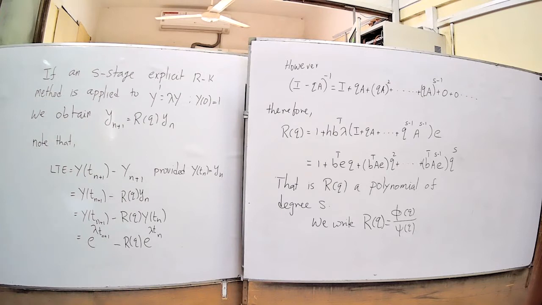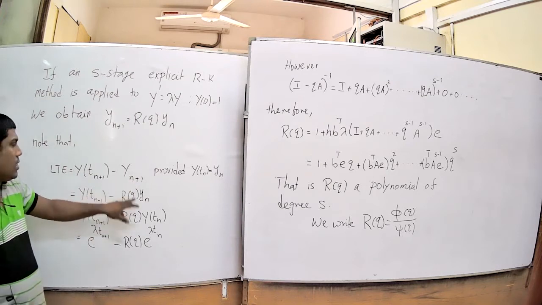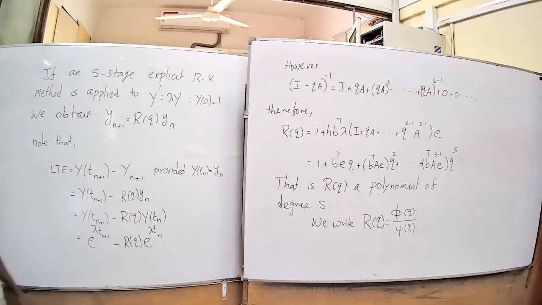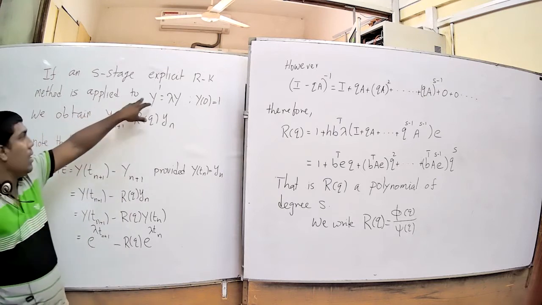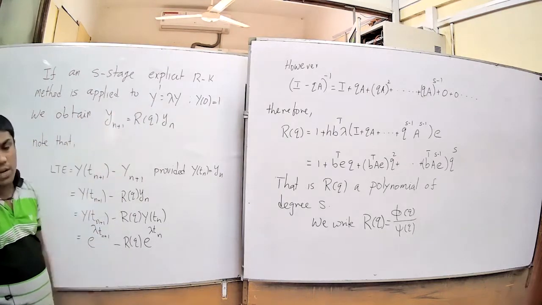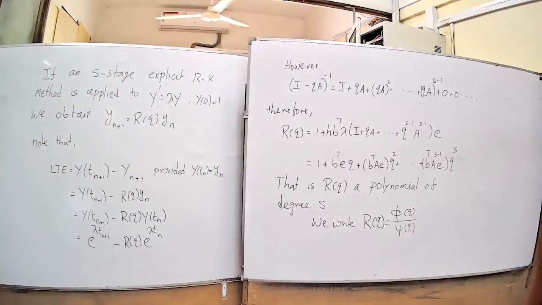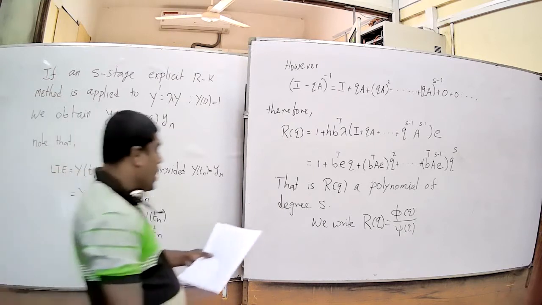So in this case, this is this form. But because of the initial value problem which is given to you, you know that e to the power lambda t is the solution for that differential equation. So then you apply that solution formula, right? Once you apply the solution formula, you can simplify this.